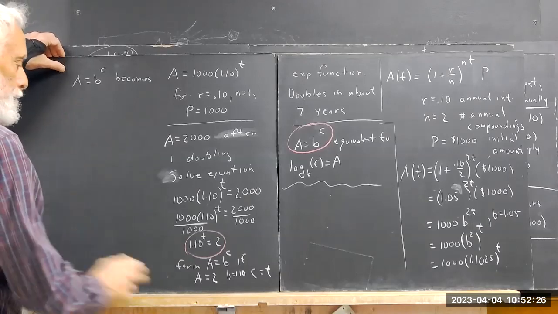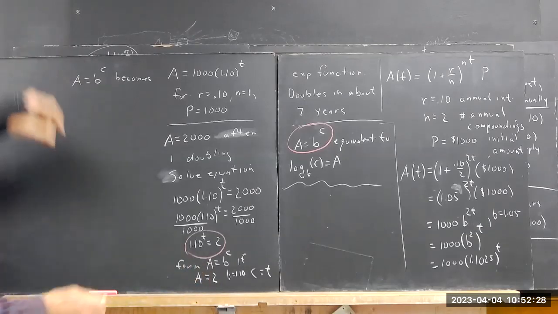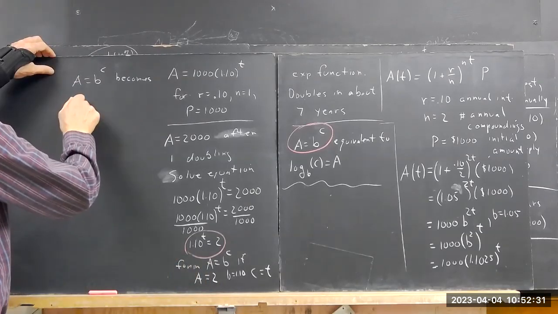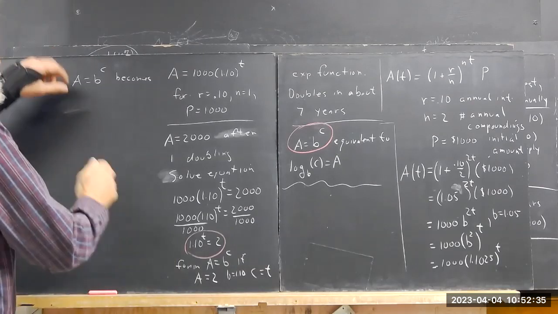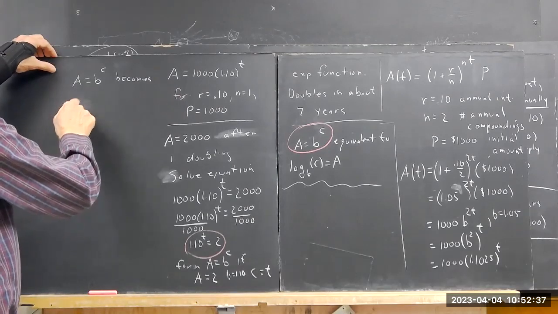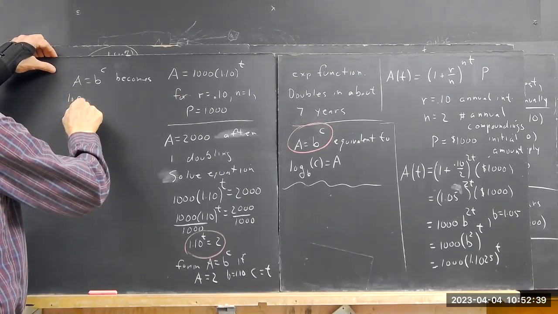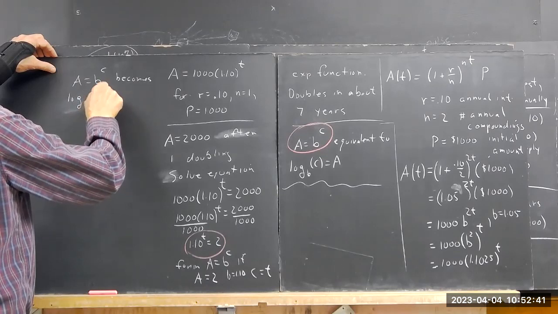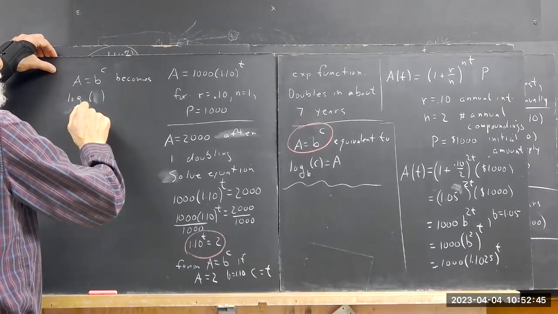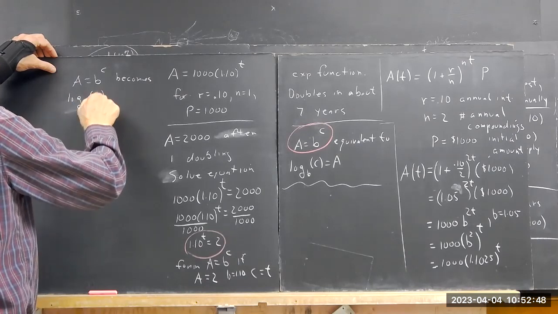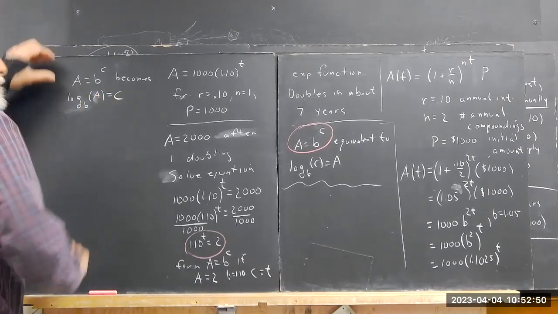So we got A equals B to the C. Becomes A is 2. But, sorry, we're doing A equals B to the C becomes log base B of A equals C, and I wrote this down there.